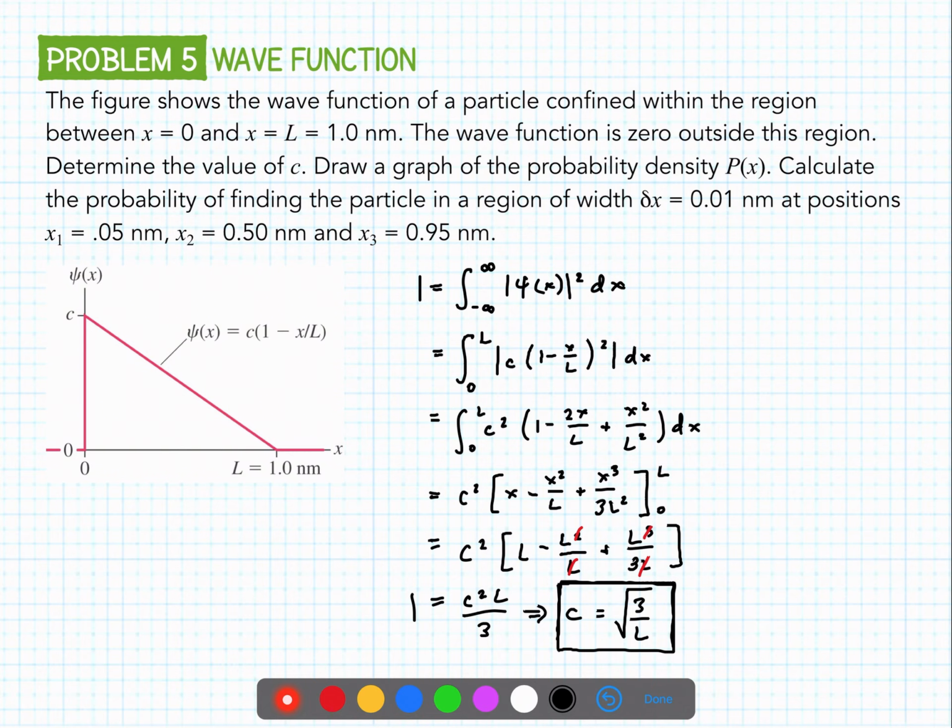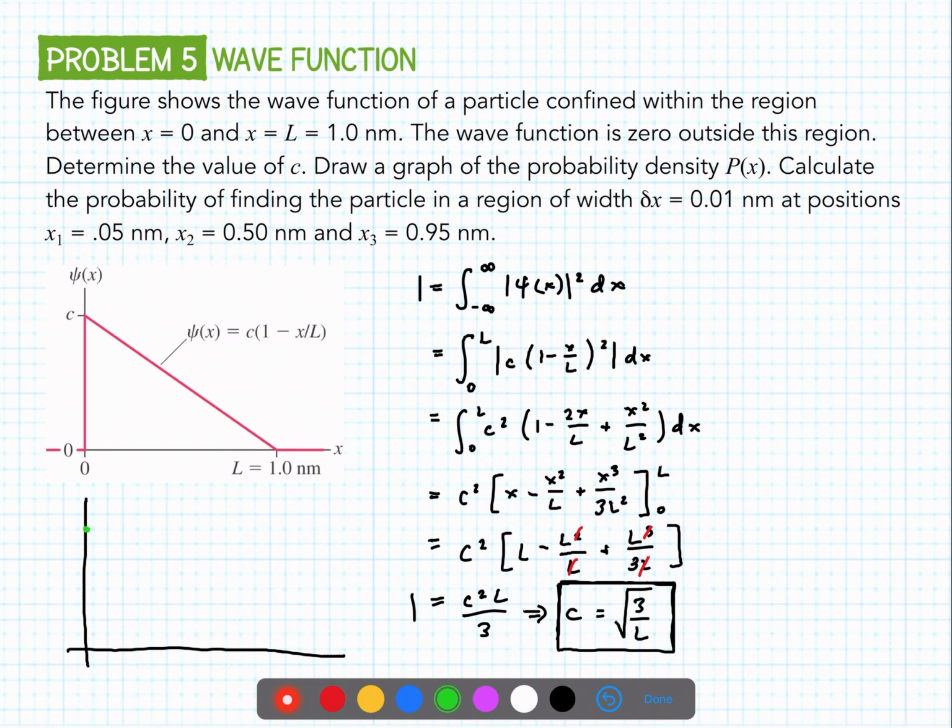Now, before you do this, you might want to look at what the graph will be. When you square this, this becomes a polynomial, and if you plug in 1 nanometer, that should give us c squared, so that should be 3 over 1 nanometer.